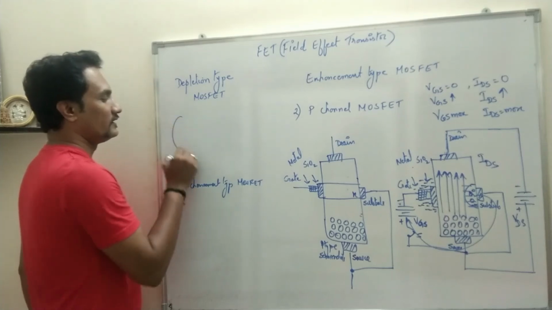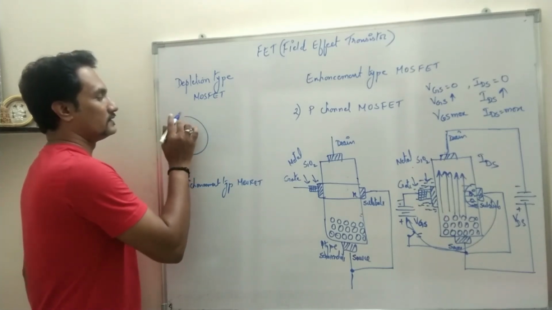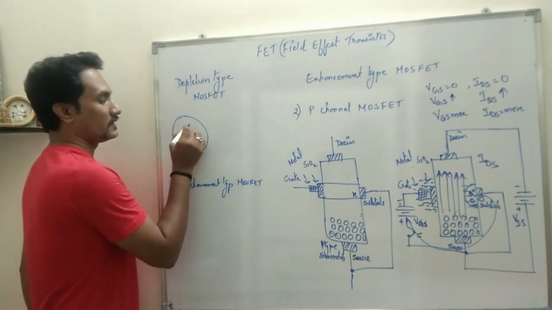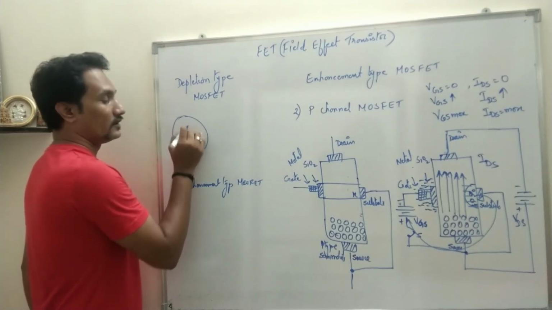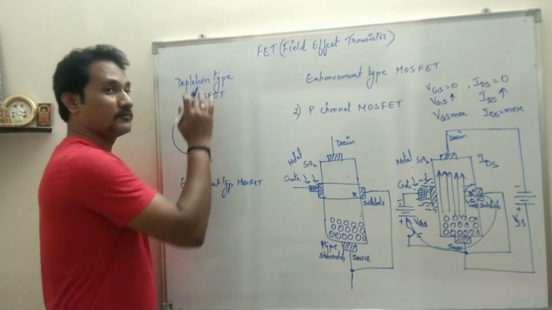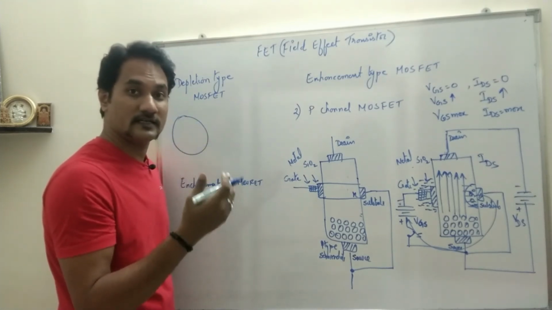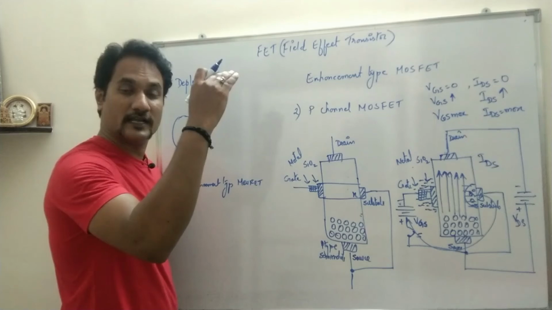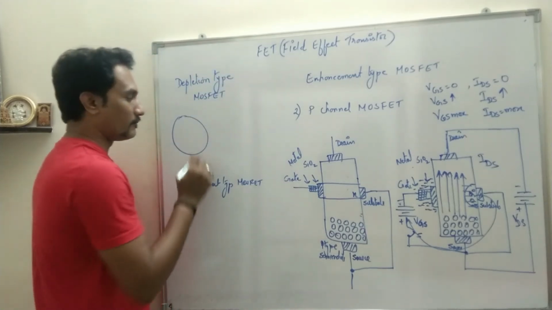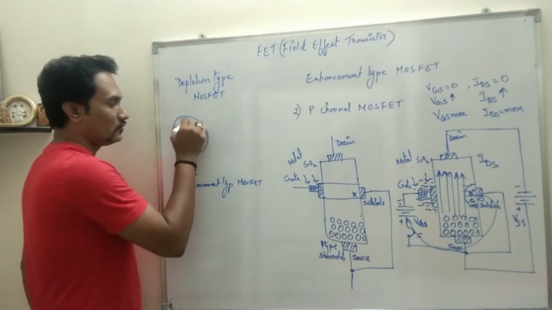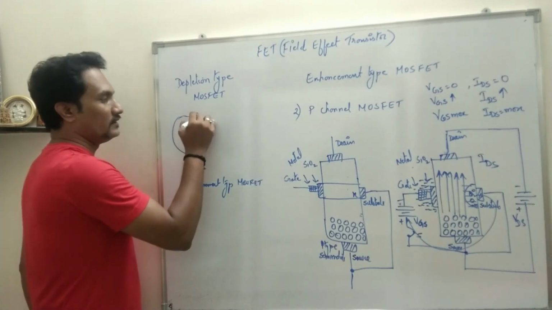See how it is, this is the transistor. Now here, in case of depletion type MOSFET, it is normally in on state, current will flow from source to drain even when VGS is not applied. Okay, so we show a single line between drain to source.